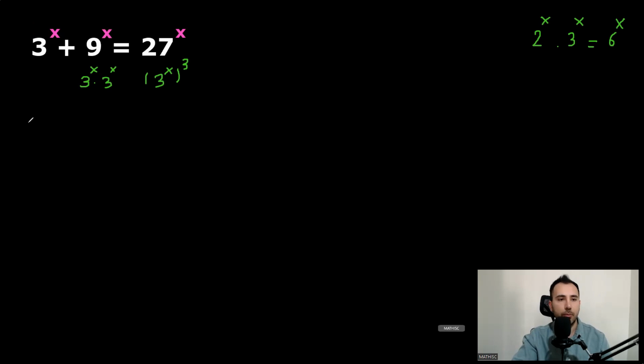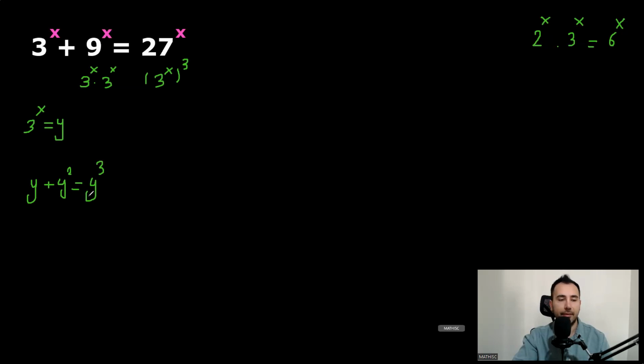So the equation would be, if 3 to the power of x is y, the equation will be y plus y squared equals y cubed. Now we just have to solve this equation, which is much easier to deal with.